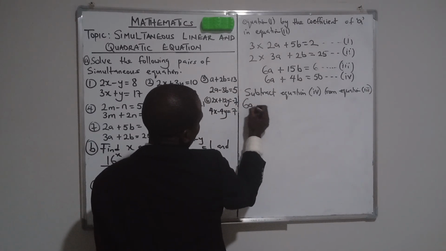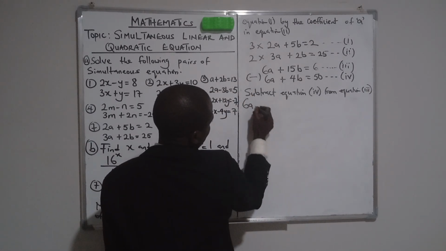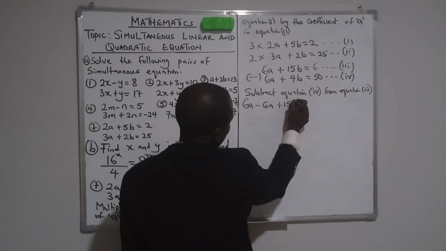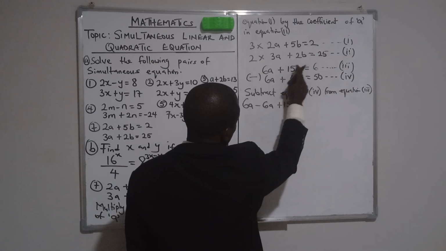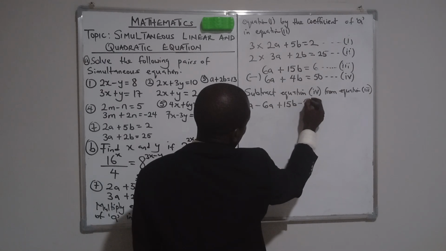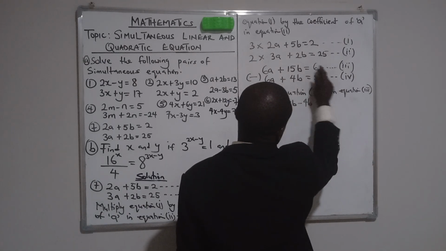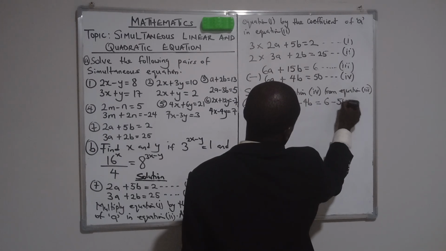You have 6a, have a negative here, 6a minus 6a plus 15b, 15b minus 4b equals to 6 minus 50.